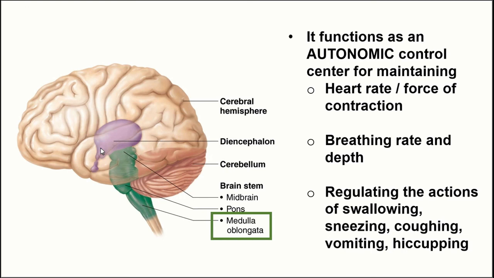The reason for that is that in order to relay its messages to the rest of the body, the hypothalamus uses the medulla oblongata, or the tracts located within the medulla oblongata, to relay its messages to other parts of the body. This is why the hypothalamus and the medulla have pretty similar functions to one another, because the hypothalamus is actually communicating to the medulla oblongata in maintaining these functions.